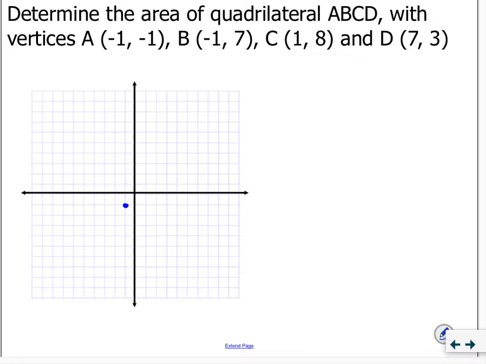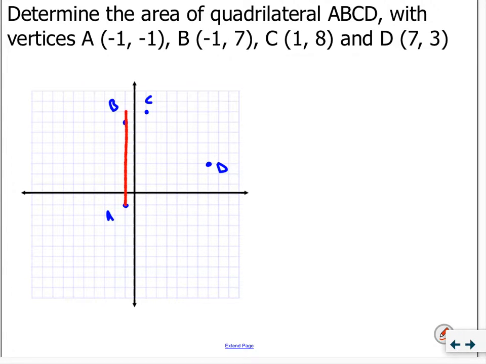B is at (-1, 7). Looks like it's up here. C is at (1, 8). It's up there. And D is at (7, 3). So here's A, here's B, here's C, and here's D. Let's do the old box it in, box it in.